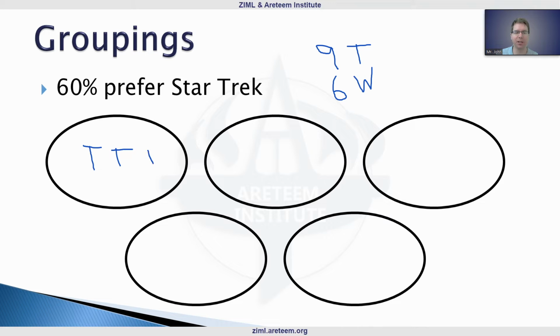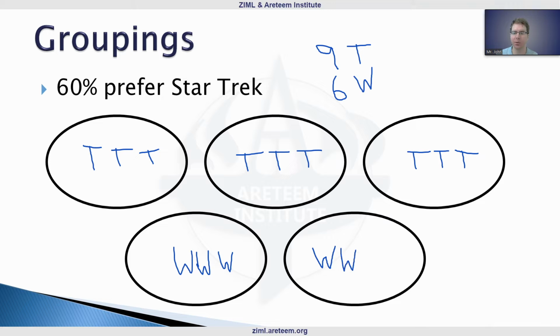If we just stick with groups that prefer the same thing together, we have 3 groups of Star Trek fans, and 6 Star Wars fans left, which we can put into 2 complete groups. Then we have 3 groups that prefer Star Trek and 2 groups that prefer Star Wars, and we have our 60% as needed, preferring Star Trek over Star Wars in this grouping.